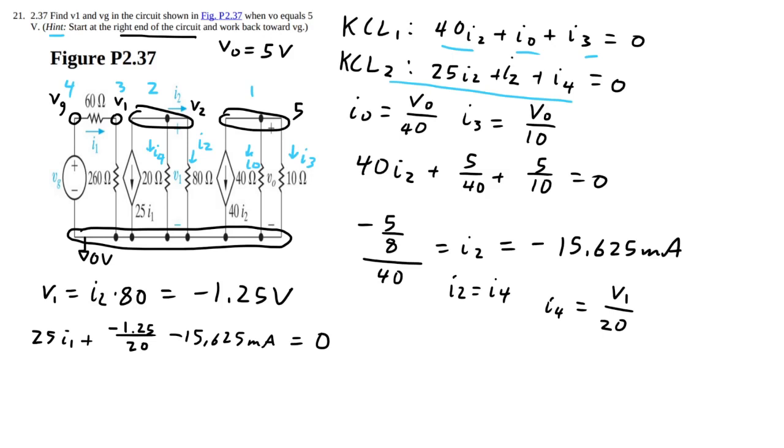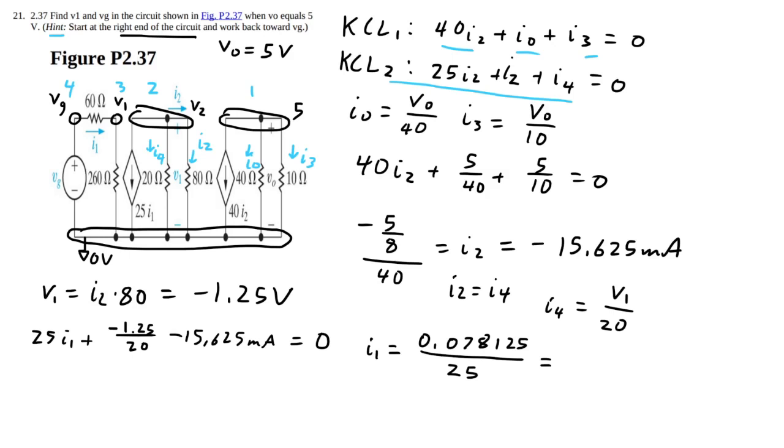So that means that we have I1 equals 0.078125 divided by 25, and that is, let's see, 0.078125 divided by 25.